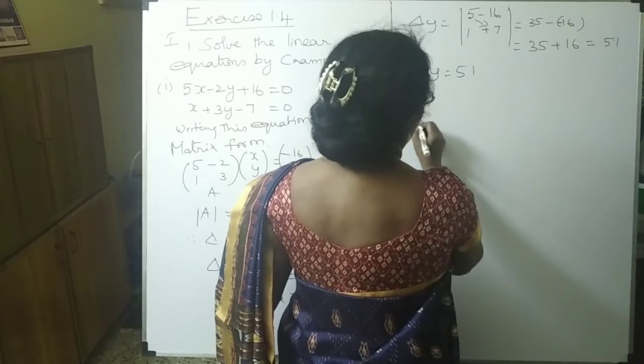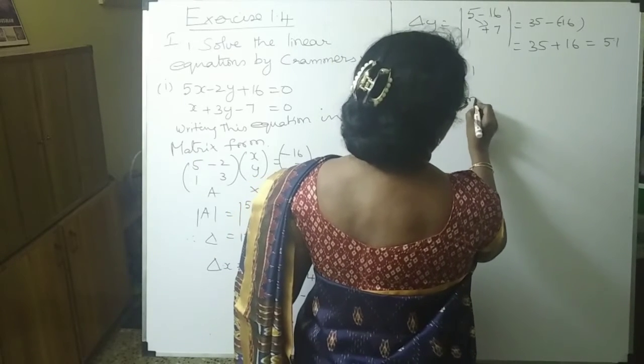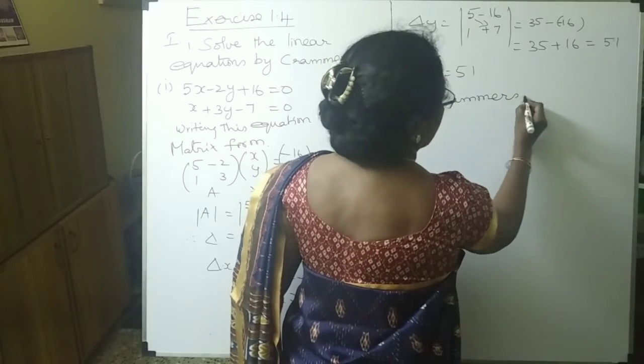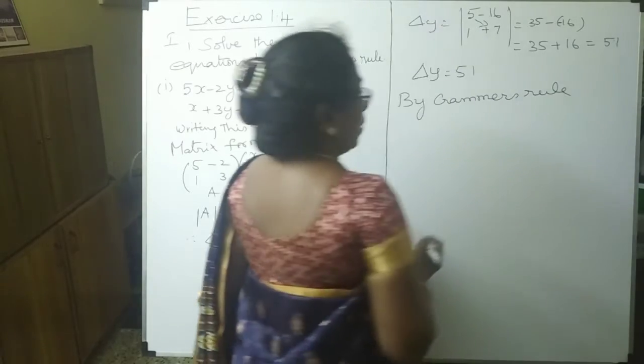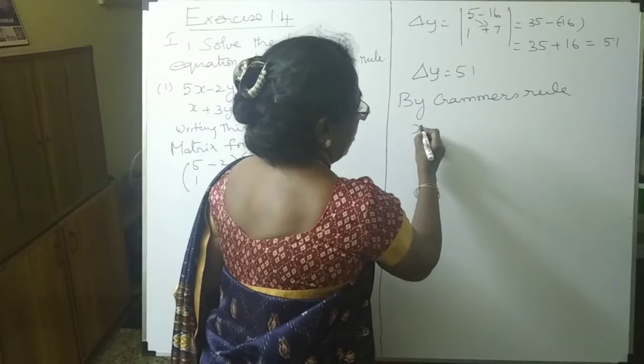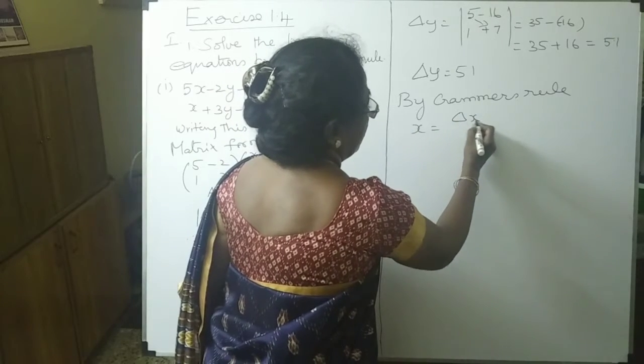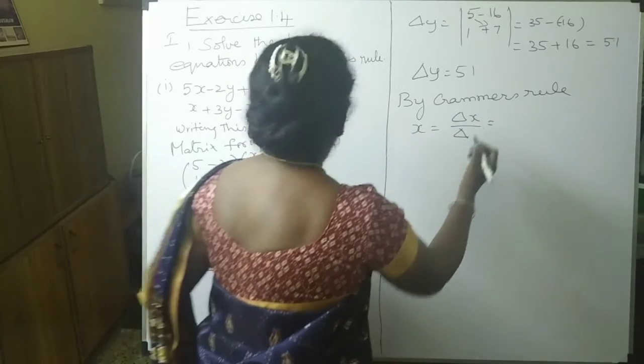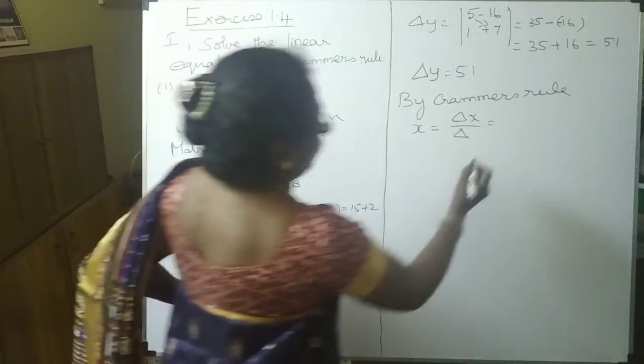By Cramer's rule, x is equal to delta x by delta. Delta x value is minus 34.